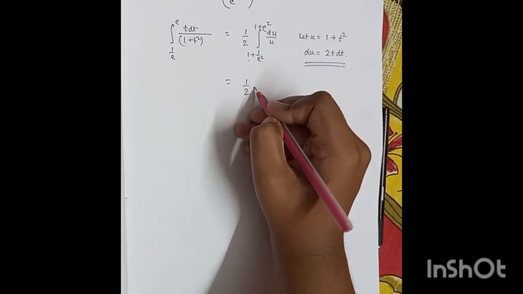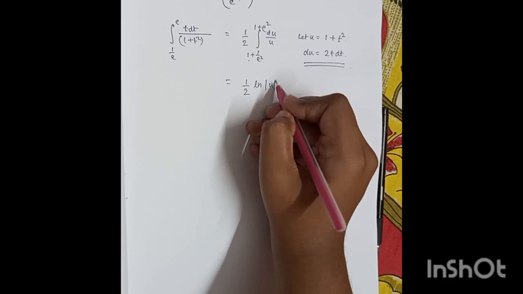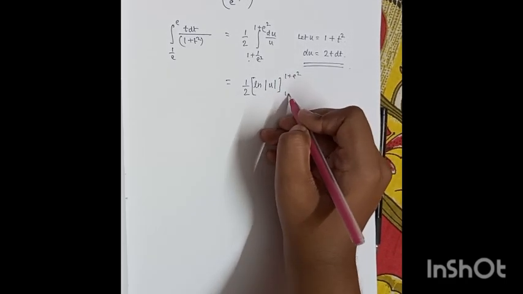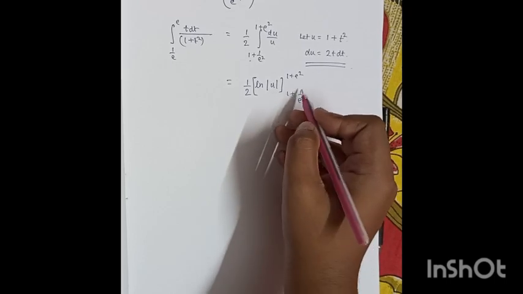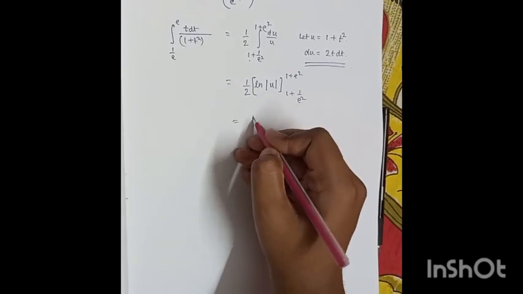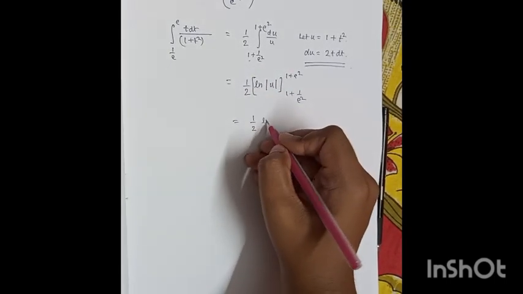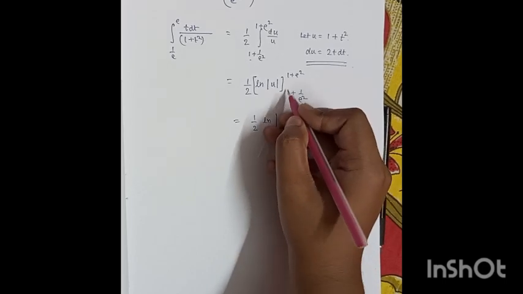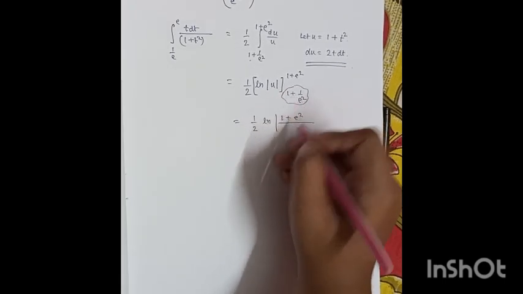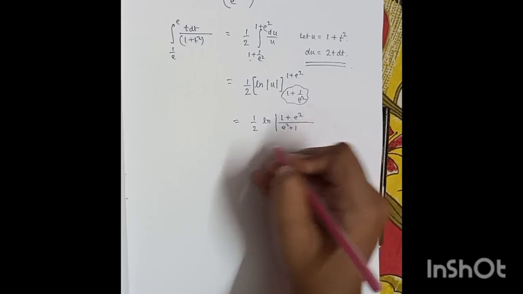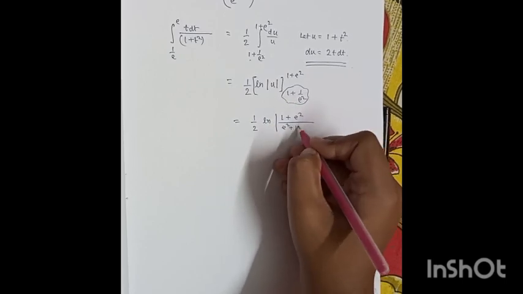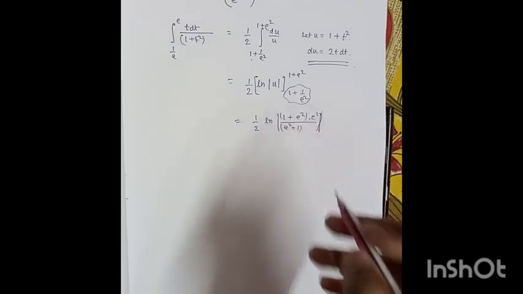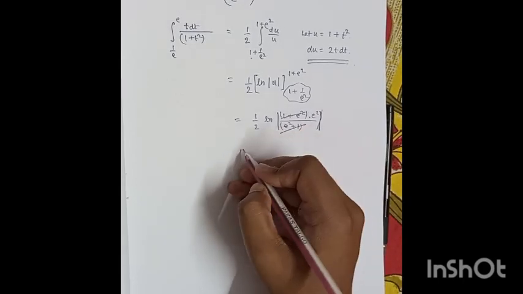So this is half log u, with limits from 1 plus 1 by e square to 1 plus e square. So half log of 1 plus e square divided by, if we put it here, we can simplify this as e square plus 1 divided by e square. So e square will be in the numerator, and this gets cancelled.